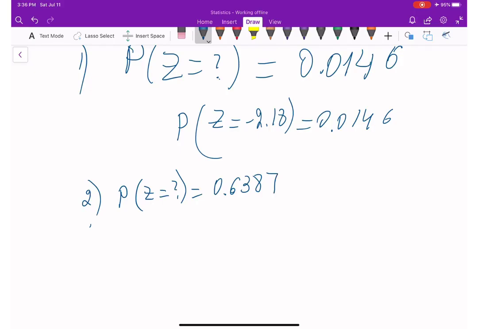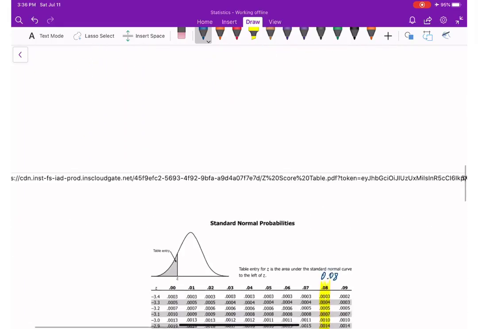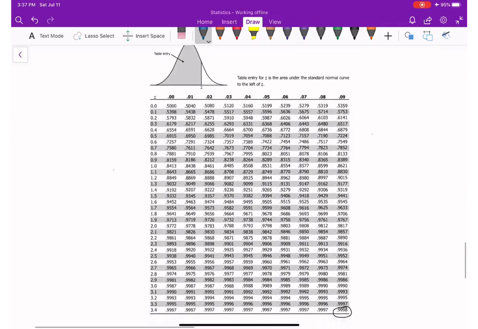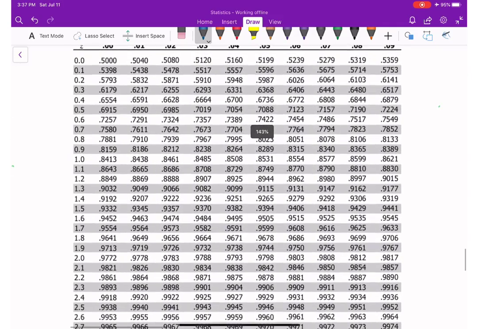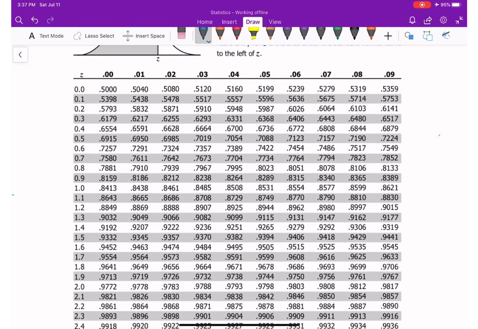Of course, positive z-score, because it's greater than 50%, right? So let's find 6387 in the positive table. I'm looking at 63, 80 is 68. Let me see. 6387.